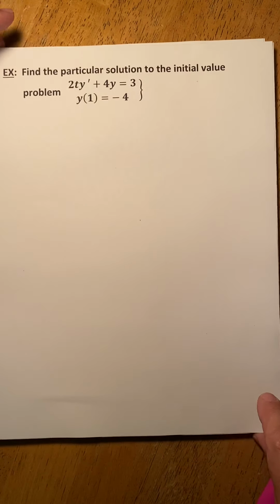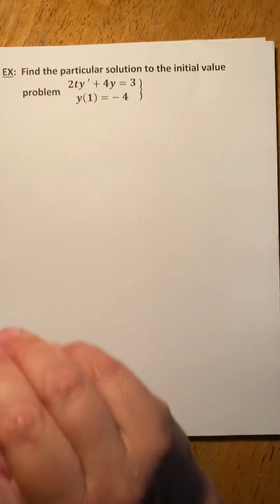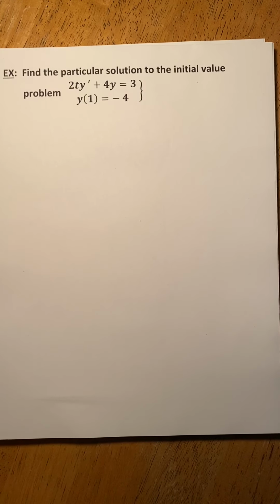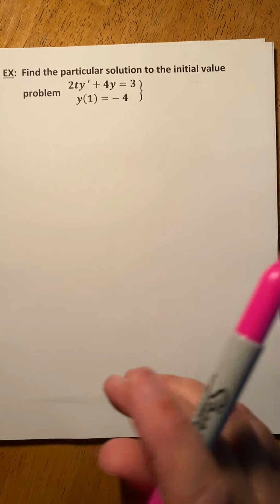I'm going to throw out an initial condition. We're going to take the same differential equation, but we're going to add this condition that y of 1 is equal to -4. So it says find the solution to the initial value problem, the particular solution, when we find that value of c.